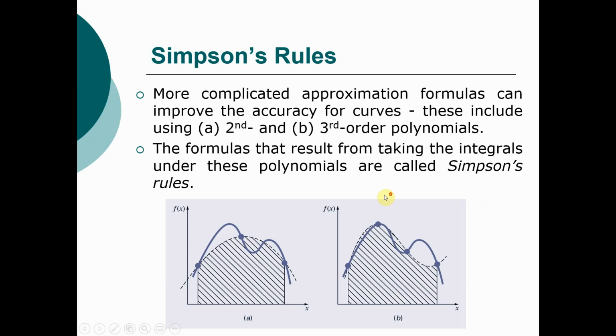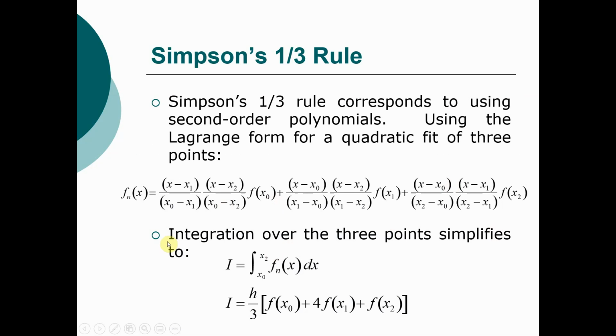If we have 3 data points on the function, we basically have 3 equations and 3 unknowns, so we can find the coefficients of that quadratic curve uniquely. This formula shows you how to find that quadratic function. If we take the integral of this quadratic curve from point x0 to x2, this is what we get as the answer.